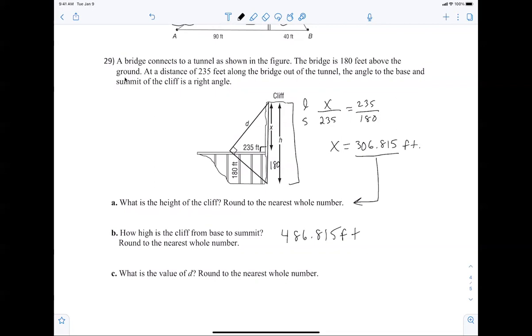How am I gonna find D? Now, for me, I would just do Pythagorean theorem, honestly. So everybody agree with that? So we would square this right here, right?